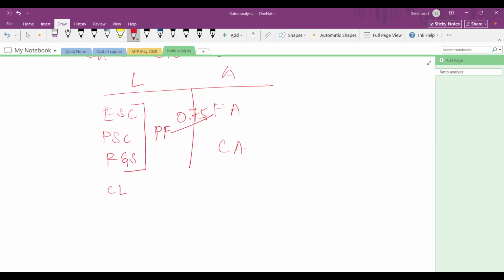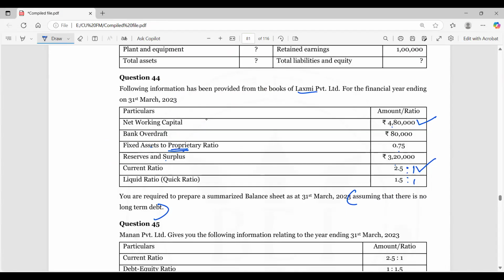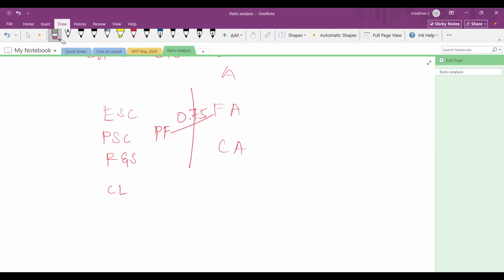Remaining 25% is your working capital, right? So I can say that 25% of proprietary fund is equal to working capital. So working note number 2.